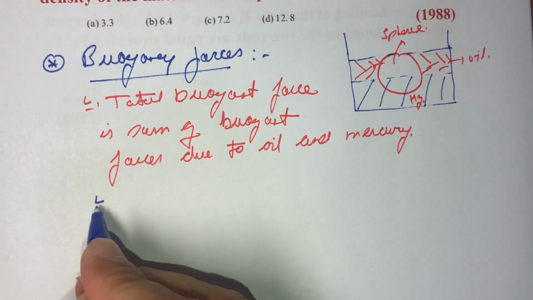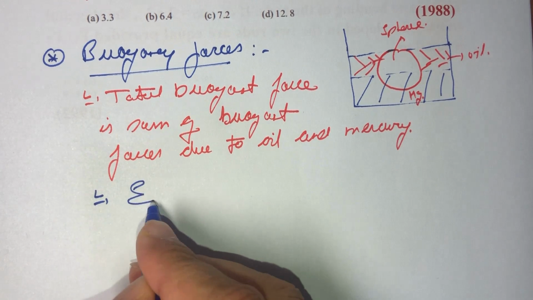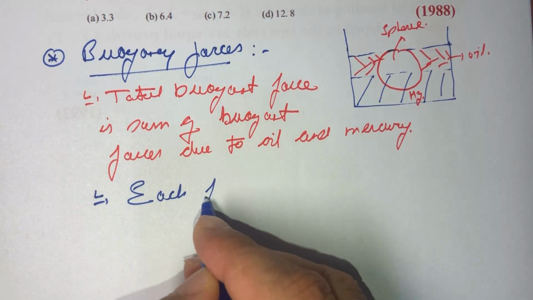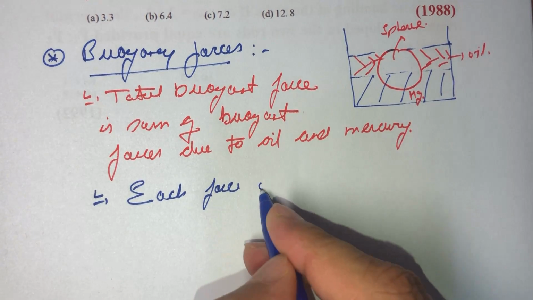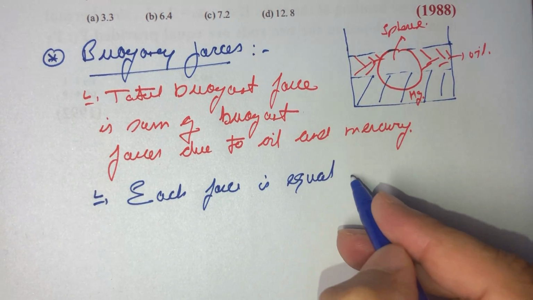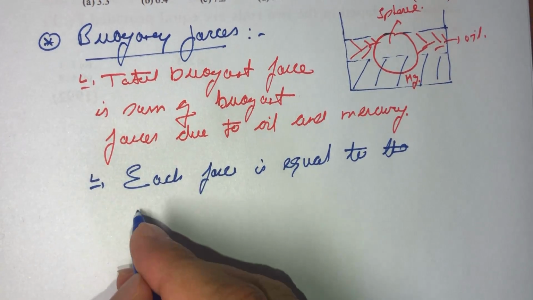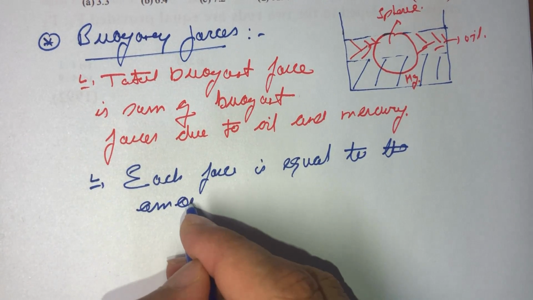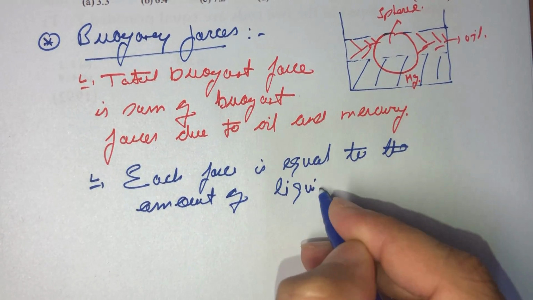So we can say from here that each buoyant force is equal to the weight of the liquid displaced.